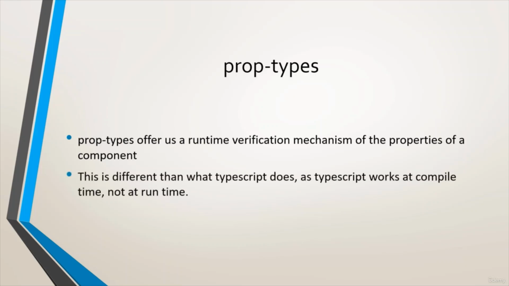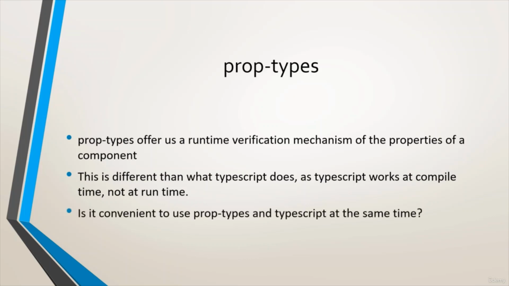This is different from what TypeScript does, as TypeScript works at compile time, not at runtime. It is important to note that prop types only work in development environments, as they are used for testing. In production environments, prop types are automatically disabled. In this way, we can have faster applications in production.